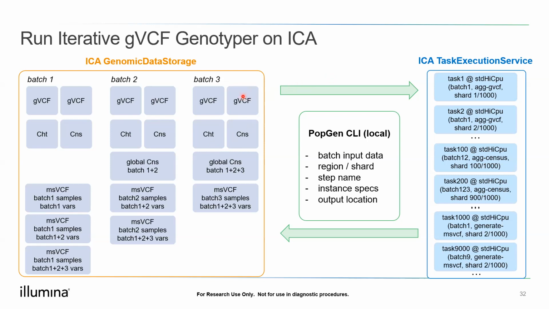On the ICA side, based on the instance specs that we provide, it will bring up one or many instances where it can break down the gVCF files into shards, and then start utilizing the scalability of the cloud to bring up tens and hundreds of machines as you desire. So again, it can run fast, be efficient, and be scalable at the same time.